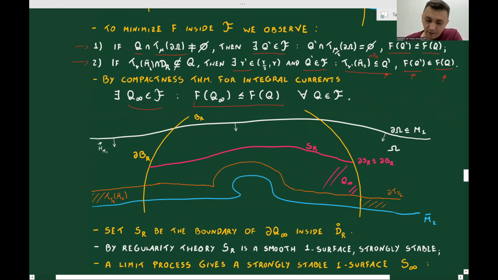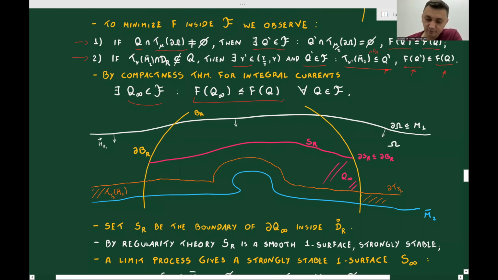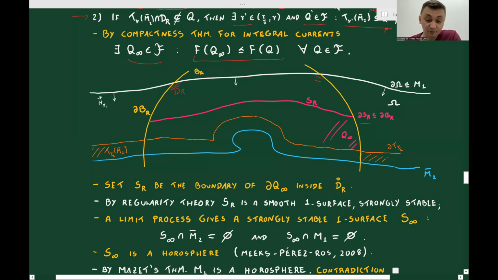In this case, this Q infinite, the minimizer of the functional, has a boundary inside the interior of dr. Just recall, here is the subset dr, and we have here SR, which is the boundary of Q infinite inside the interior of dr. Why am I very interested in that?